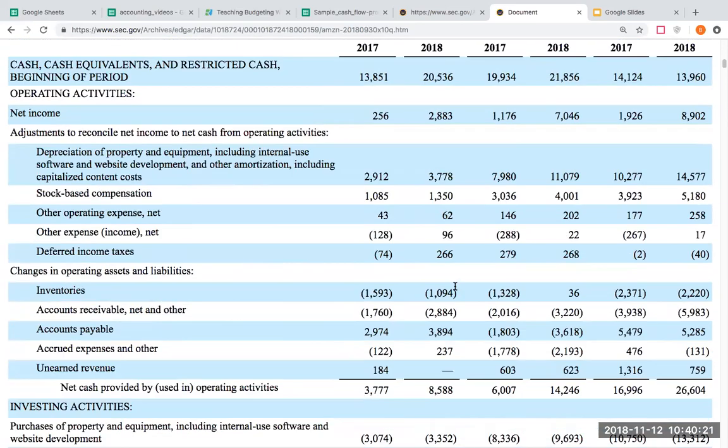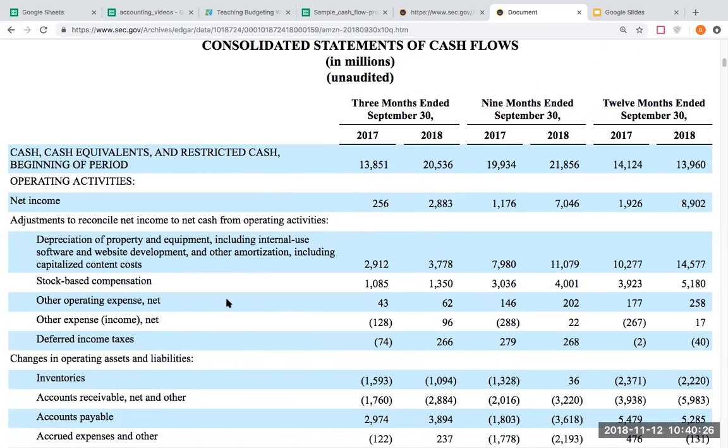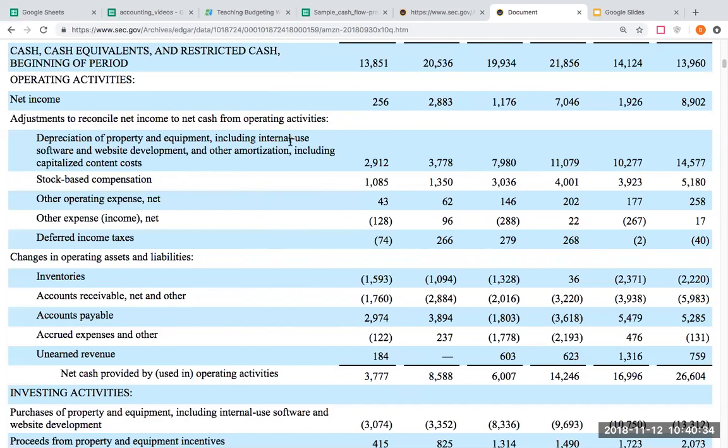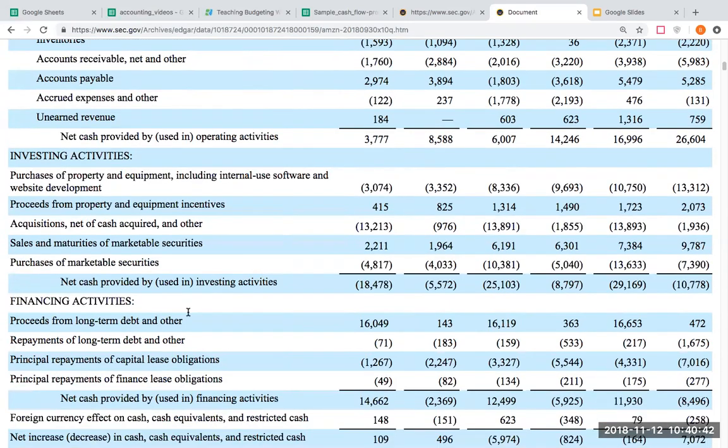There we go. So when we have a statement of cash flows, what I'm doing is I'm showing investors, where did my cash come from? Here's my beginning cash. I'm looking here at cash flows from my operating activities. Then I have my cash flows from my investing activities. And then I have cash flows from my financing activities.